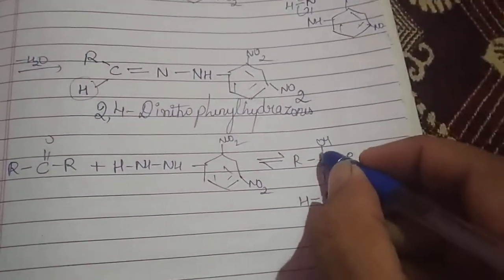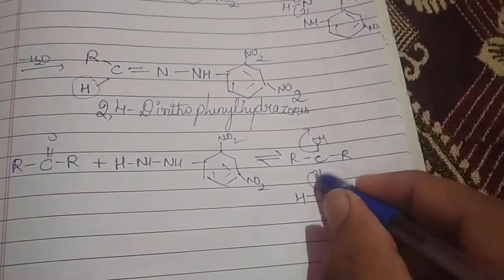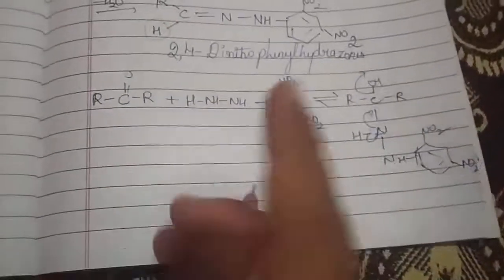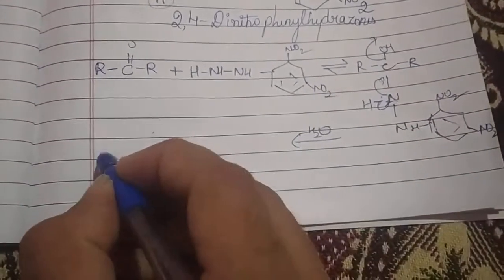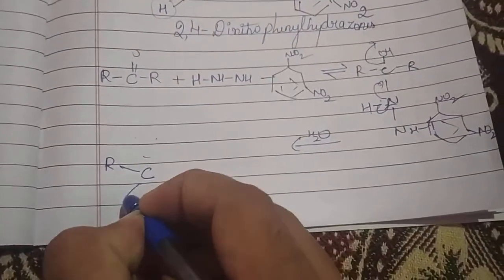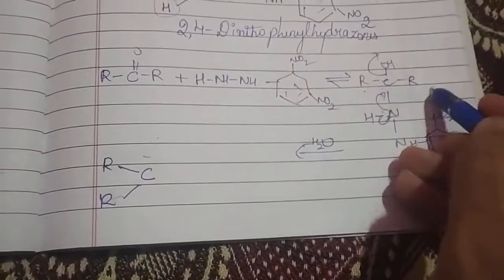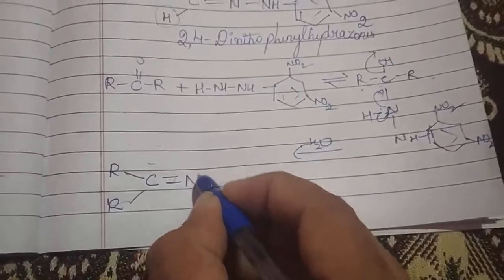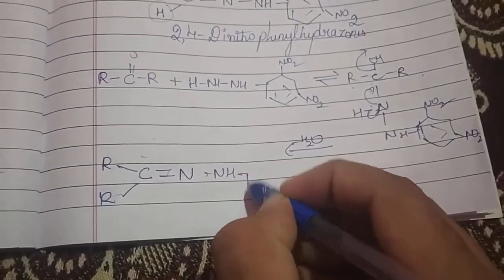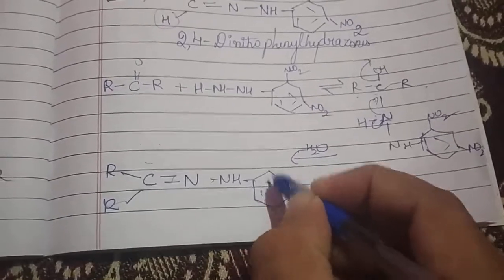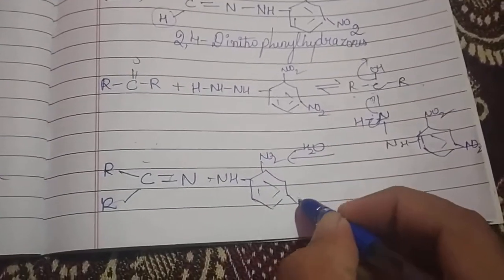As usual, OH is going out, this will be coming over here. The final structure followed by a dehydration, that is by removing the water molecule, we have RCR, then between C and nitrogen we have a double bond, then rest all is NH, then you will be having your 2,4 dinitrophenyl.